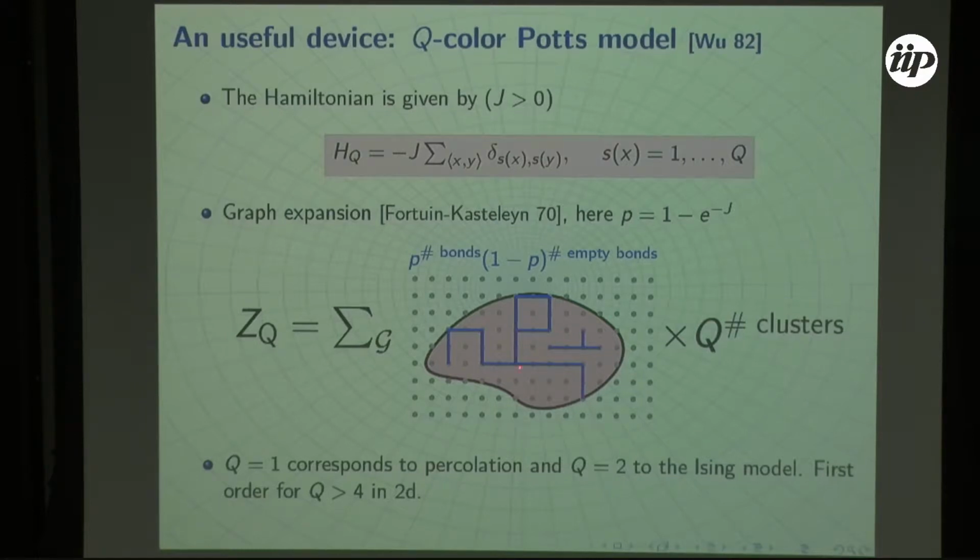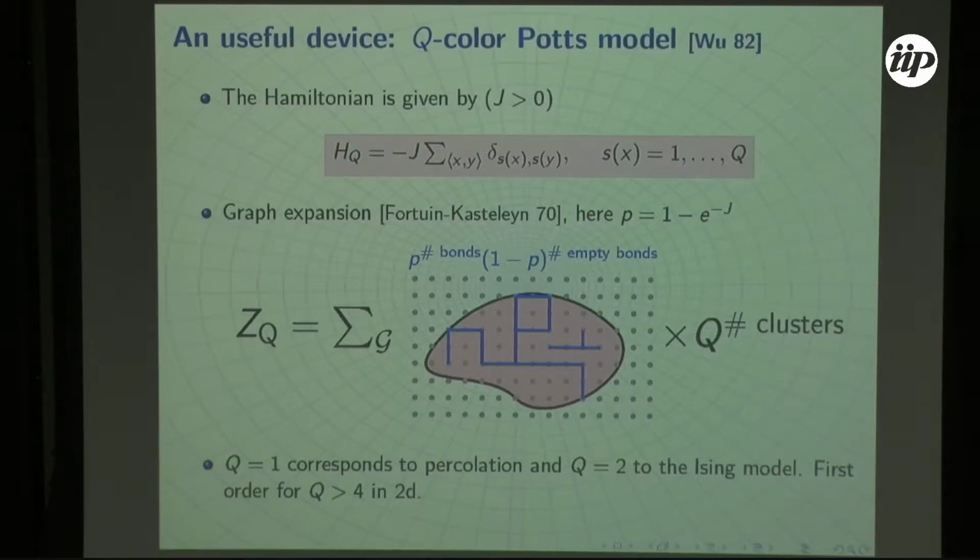Okay? So, of course, as you see, if Q is 1, then this partition function is just 1. It's a sum by the binomial theorem, right? And it corresponds to the percolation problem. If Q is not 1, but for instance 2, this is the high temperature expansion of the Ising model.